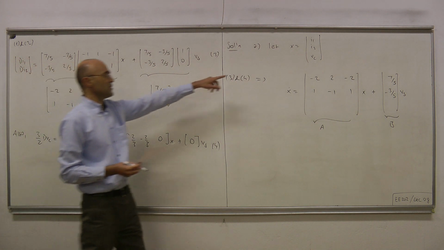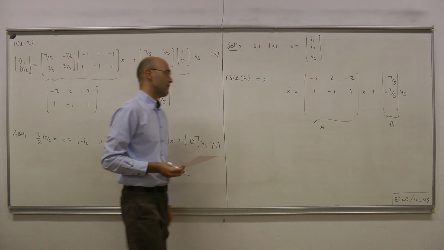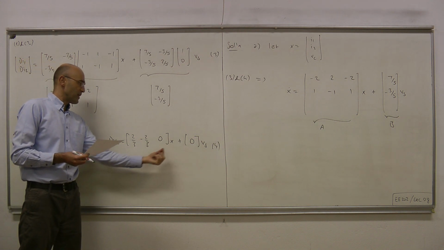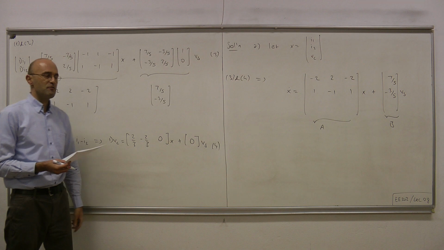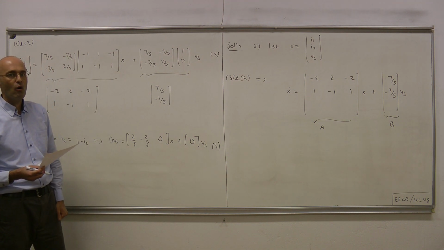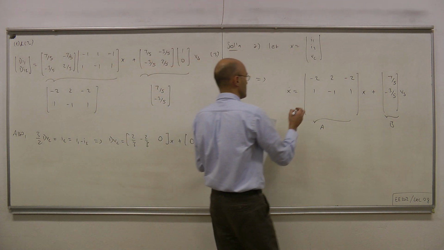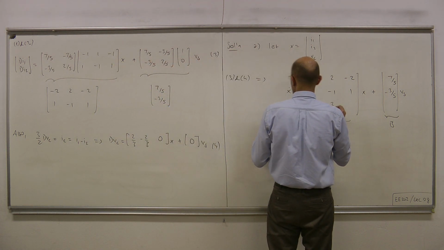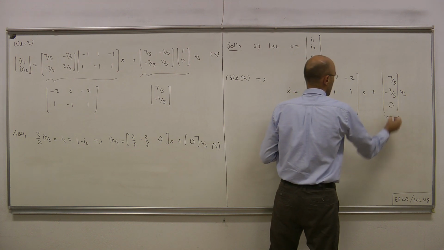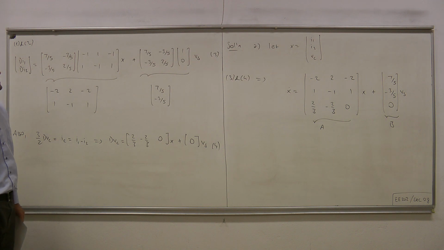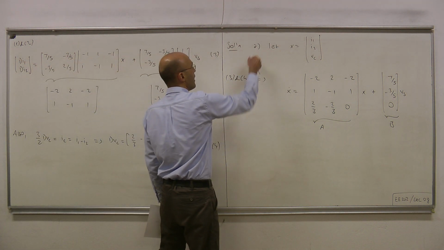Finally, Vc is our last state variable, and this is our Vc dot equation. Vc dot equals something times x, and then something times Vs. This something is no other than the third row of our A matrix. So let's put it down: 2 over 3, minus 2 over 3, 0, 0. Okay, so that takes care of part A.